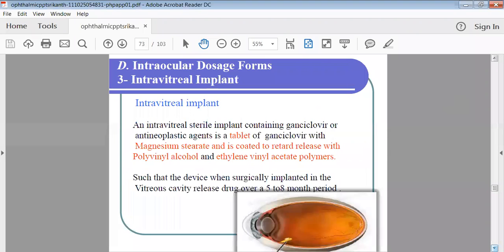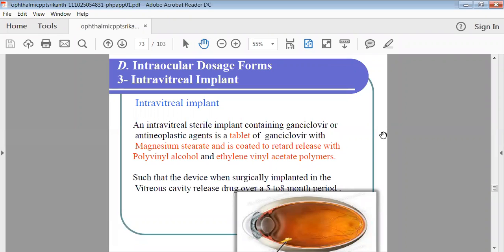Then intravitreal implants are there. What are such intravitreal implants? These are sterile devices containing ganciclovir as an ingredient or an antineoplastic drug, like a tablet of ganciclovir with magnesium stearate, coated to retard the release with polyvinyl alcohol and ethylene vinyl acetate polymers.